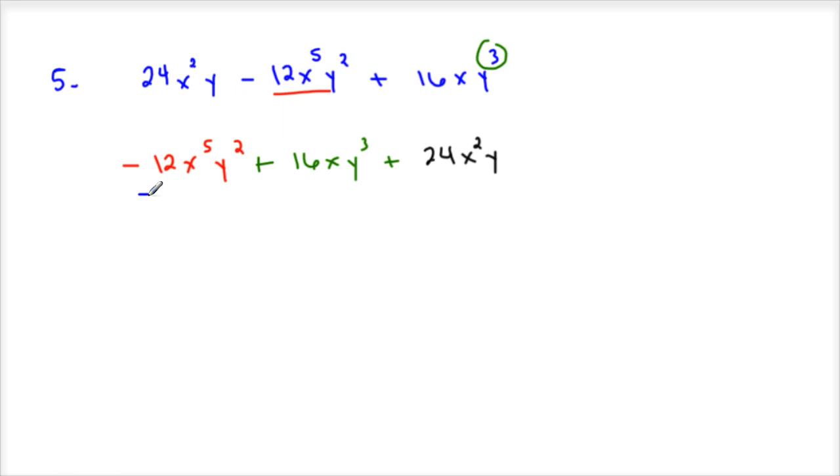So this term here has the exponent with the highest power. Since there's two variables in here, I'm going to say that the degree of this polynomial is going to be 7. And this is also putting the terms in ascending order as well.